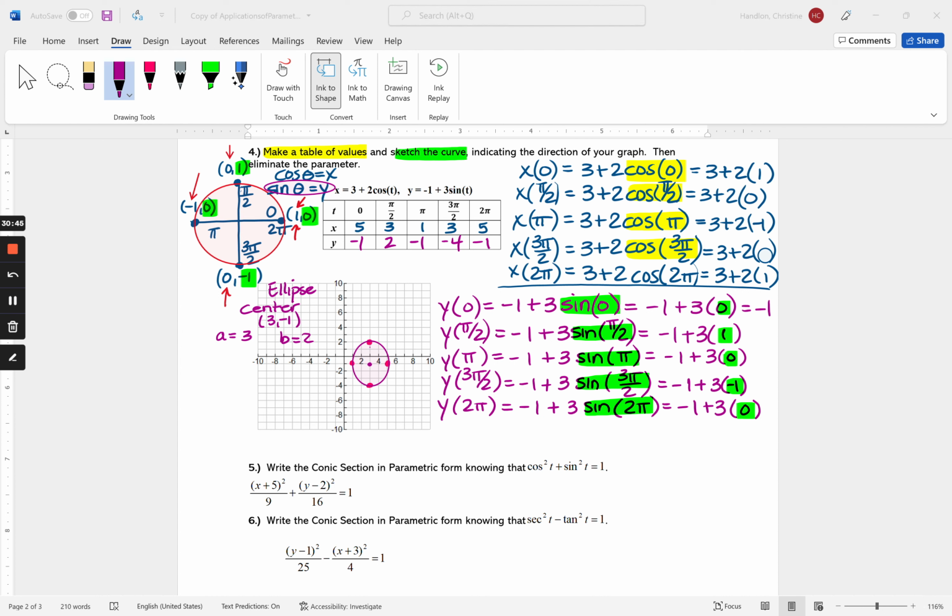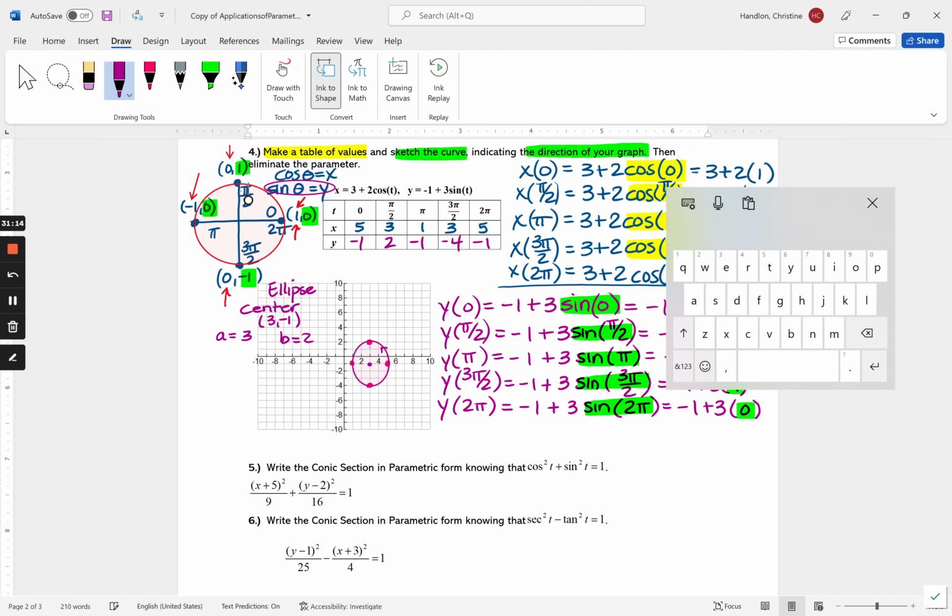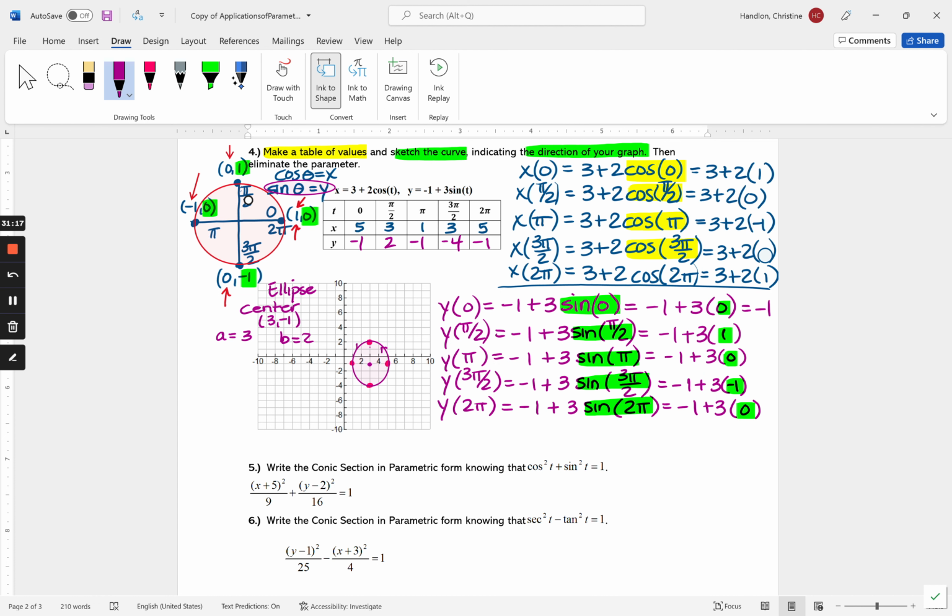Now, before I proceed to showing you guys how to eliminate the parameter, let us finish sketching this curve because we still need to include the direction of the graph. So remember, when you guys are doing sketches of parametric equations, you must always provide arrows as to the direction that you plotted in.